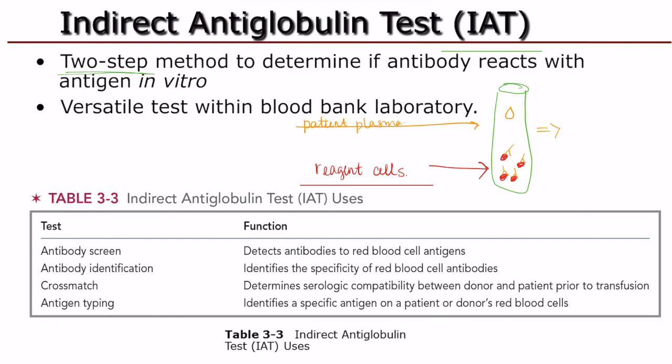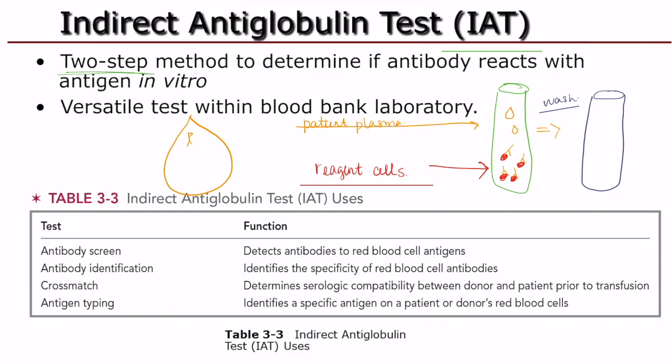And when I say 2-step, that's where now we're going to go. Here's our other step here. We actually will, in between here, have to wash our cells. And the reason we have to wash our cells is, remember, in this patient plasma here, if we make our big picture of our drop of plasma over here, there are other antibodies in here.